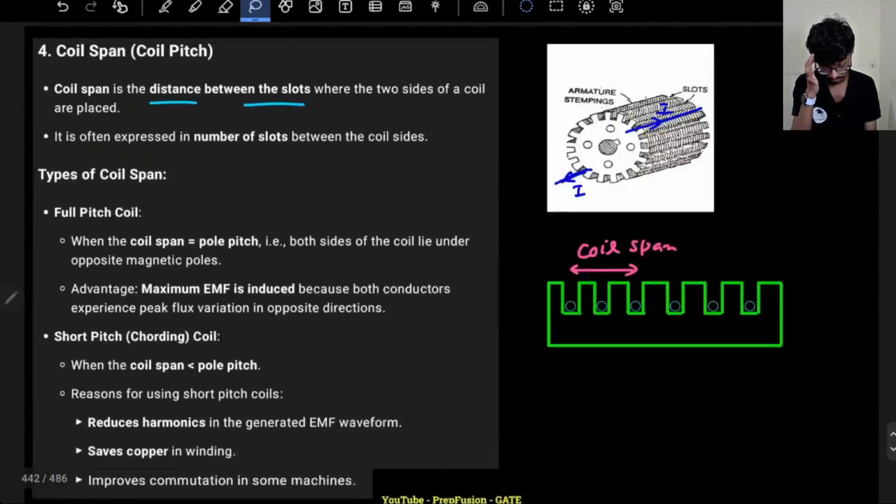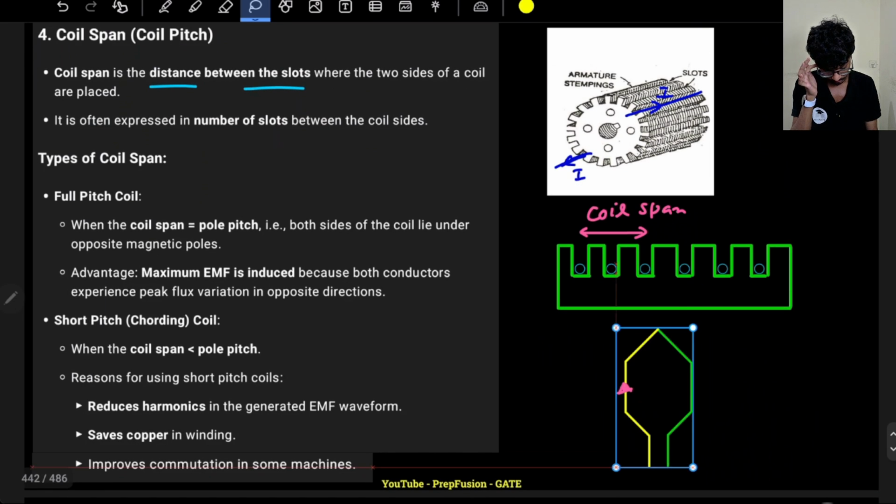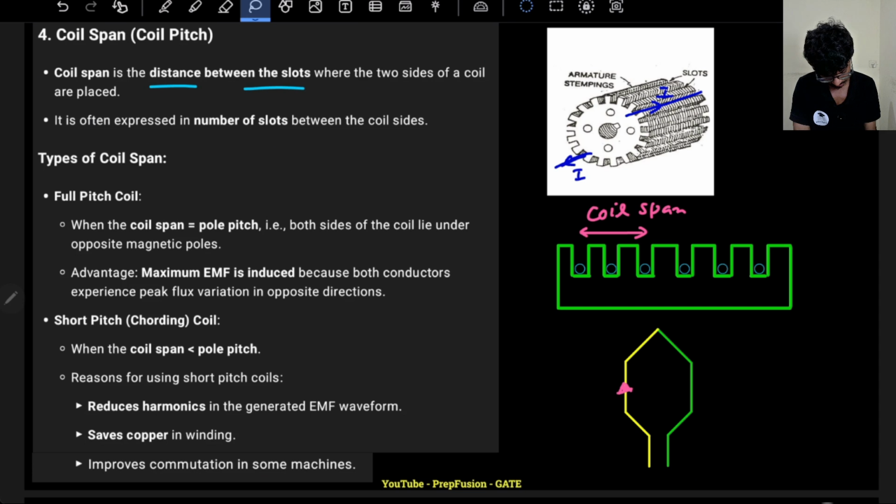So the distance between the two conductors is defined as coil span.